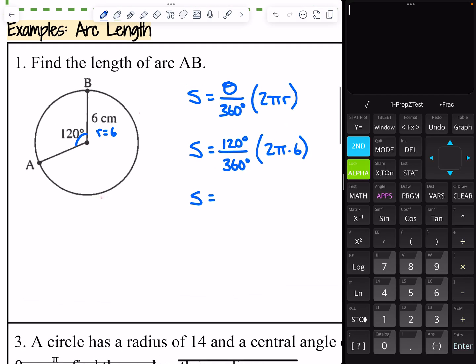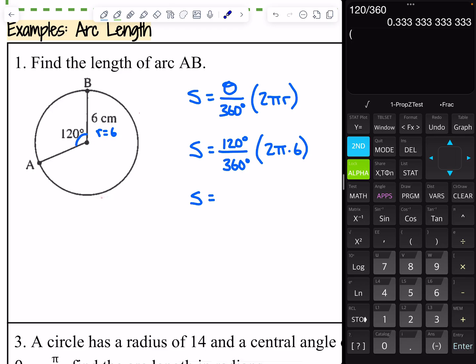Sometimes that's appropriate. And sometimes you want to leave the pi as part of your answer because maybe you can see that the answer choices include pi. So if that's the case, you can divide everything and multiply everything and just don't type in the pi as you type all this in. So I'm going to type in 120 divided by 360, times 2 times 6, but then I still have pi as part of my answer.